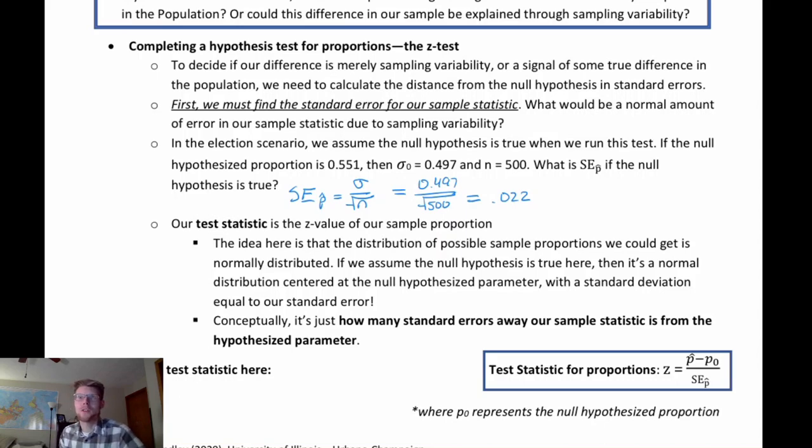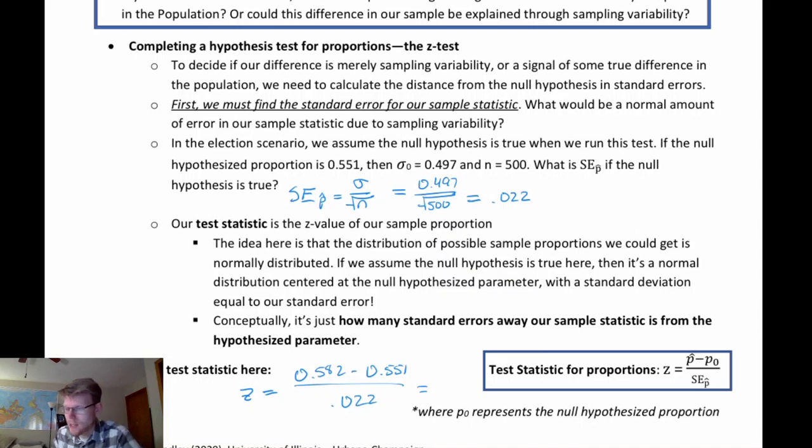So we're going to standardize this value, and we're going to call it z, which I will explain in just a second. We're just going to find this discrepancy between 58.2 and 55.1, and divide it by the standard error value of 0.022. What this is doing is telling us how many standard errors off our p-hat is from this null hypothesized p.